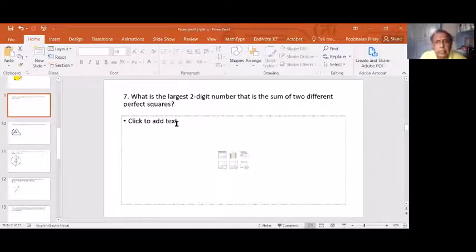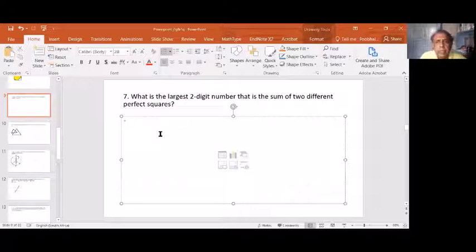What is the largest two-digit number that is the sum of two different perfect squares? What is the largest two-digit number which is the sum of two different perfect squares?